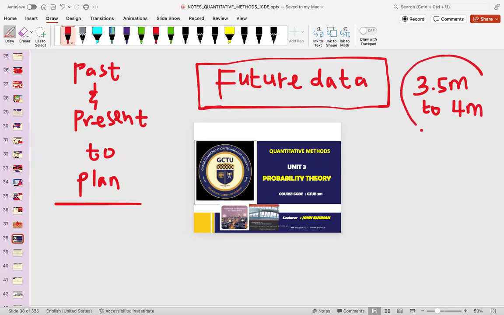This was the population around 1957. So if somebody has any other information, you can correct me. But this is what I have read, that around 1957, our population was between 3.5 million and 4 million.